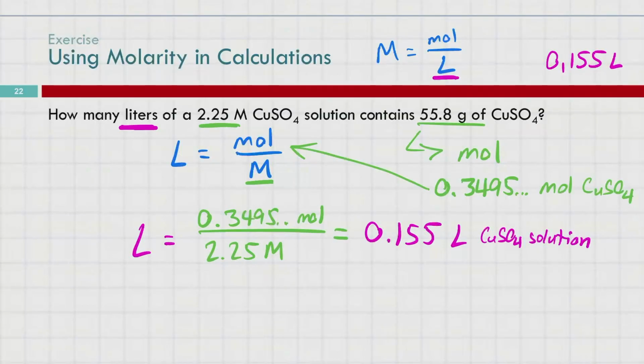There's also a more pure dimensional analysis way of doing this. You can convert molarity into moles over liters. And if we have moles, the way that we would get these two to interact with each other, the moles and the moles over liters, we'd have to divide by the 2.25 moles over liters so that the liters goes to the top and then the moles would cancel out.